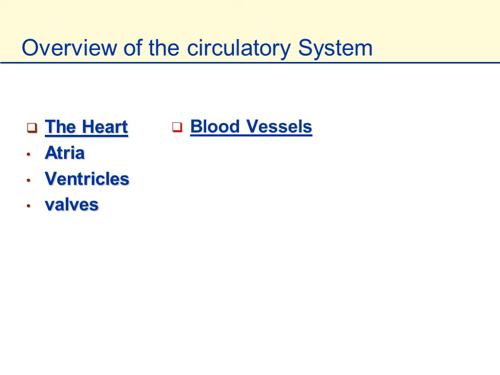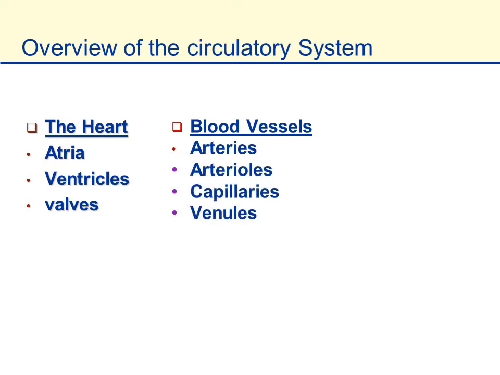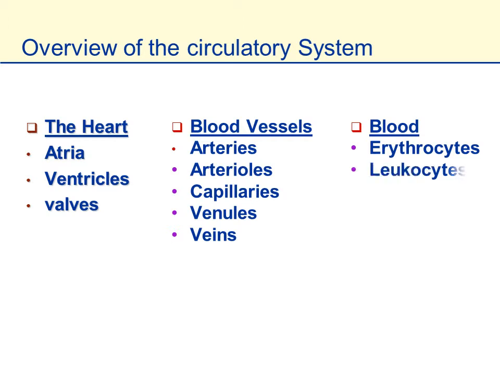The blood vessels are of many types: arteries, arterioles, capillaries, venules, and veins. The blood consists of cells and plasma. Different types of cells: erythrocytes كرات الدم الحمر, leukocytes كرات الدم البيض, platelets الصفائح الدموية and plasma.